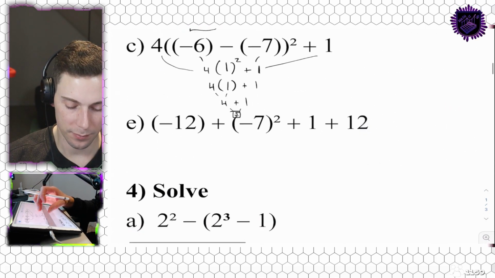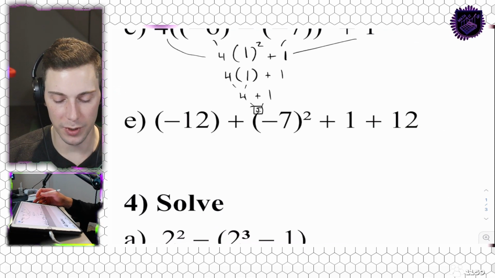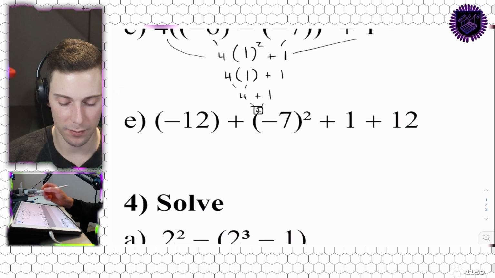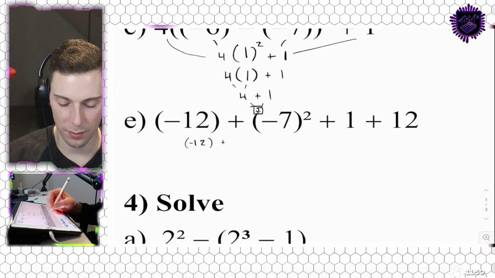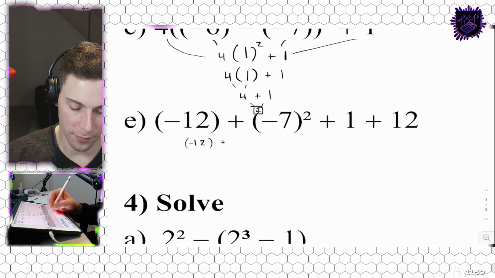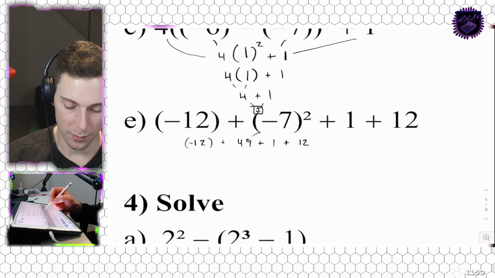E. So just adding and subtracting on this one, but we do have an exponent, so I'll do that first. So we have drop down our -12, same row, plus 49, plus 1 plus 12. Trying to draw my lines here, right?